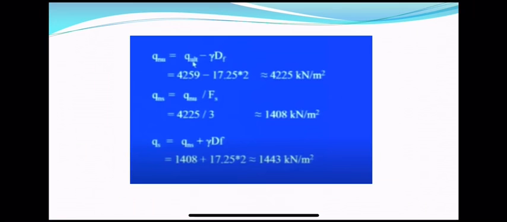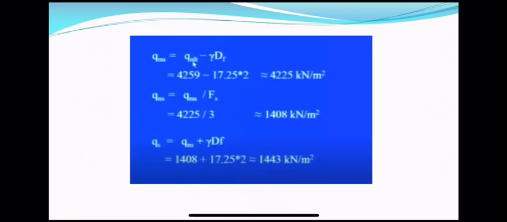We know that net ultimate bearing capacity is equal to ultimate bearing capacity minus gamma Df, that is Q net will be equal to Q ultimate minus gamma Df. So this becomes equal to 4225 kilonewton per meter square.